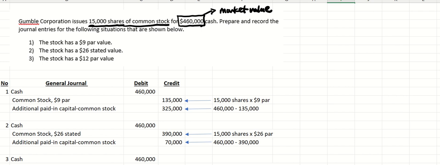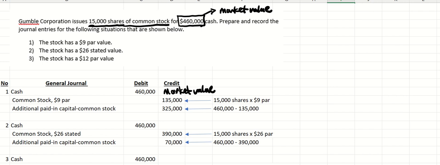Okay. So the first entry here for number one, we see that the cash account is going to be debited for $460,000. This amount of $460,000 is debited, increasing this cash account, which reflects the market value of the stock.